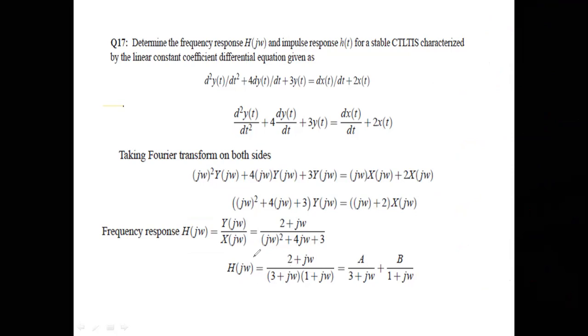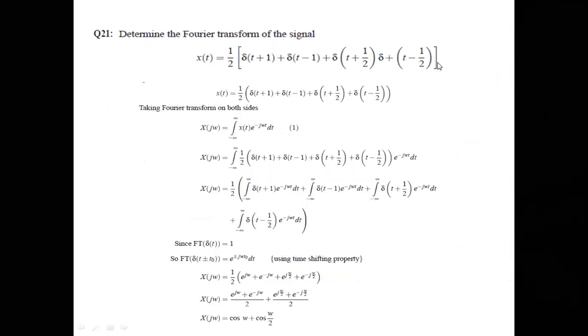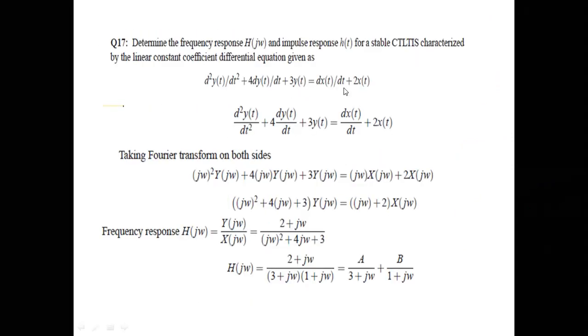Using these factors, H of omega is equal to A by 3 plus j omega and B by 1 plus j omega. Following, my dear students, is a Fourier transformation, and from this you can find the inverse Fourier transformation. How can you find the inverse Fourier transformation? By using the partial fraction method.